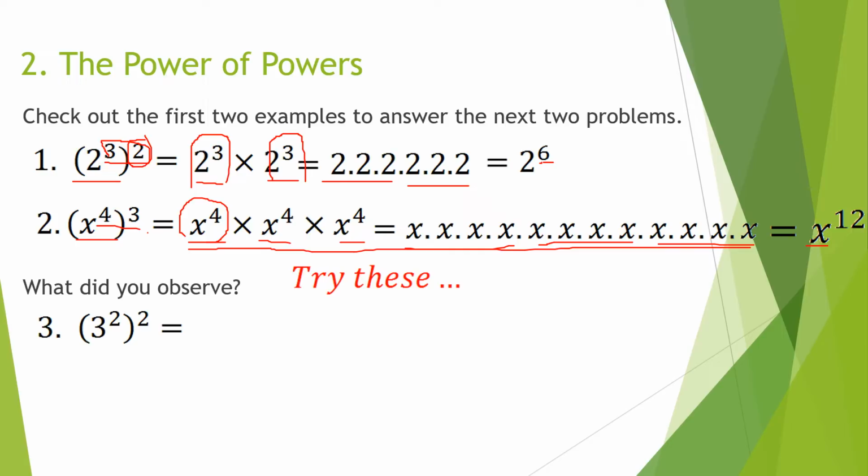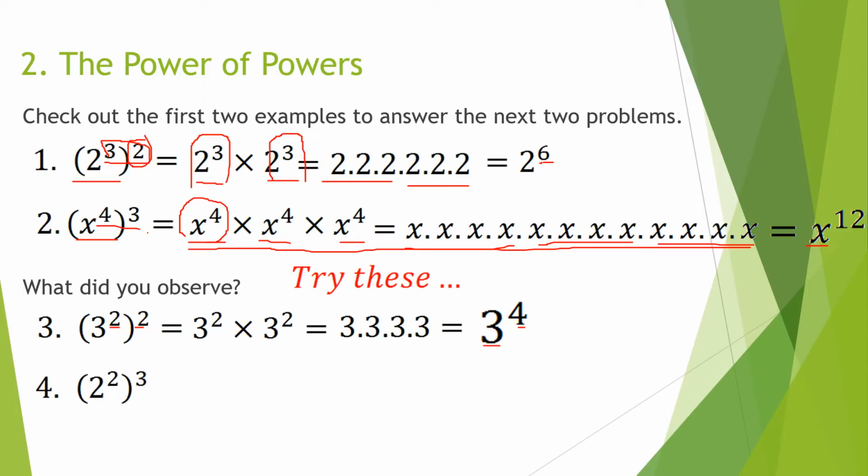That's why for example 3, here is the long process, but we can simply copy 3 and then multiply 2 times 2, and the result is 4. So 3 squared, the quantity squared, is equal to 3 raised to 4. And for example number 4, I know that you already have your answer.